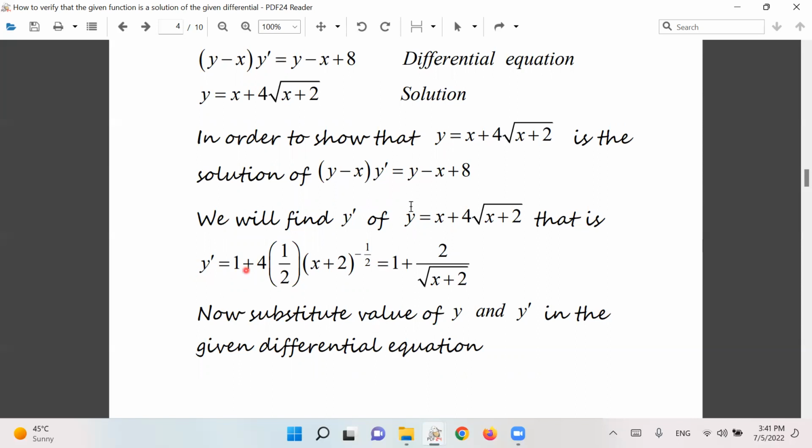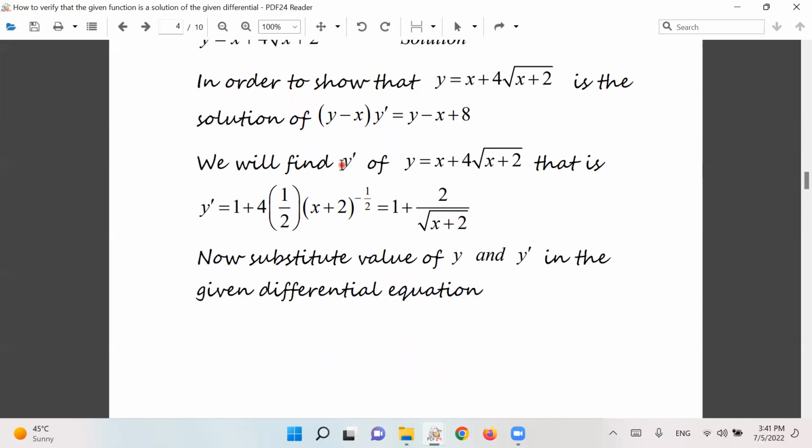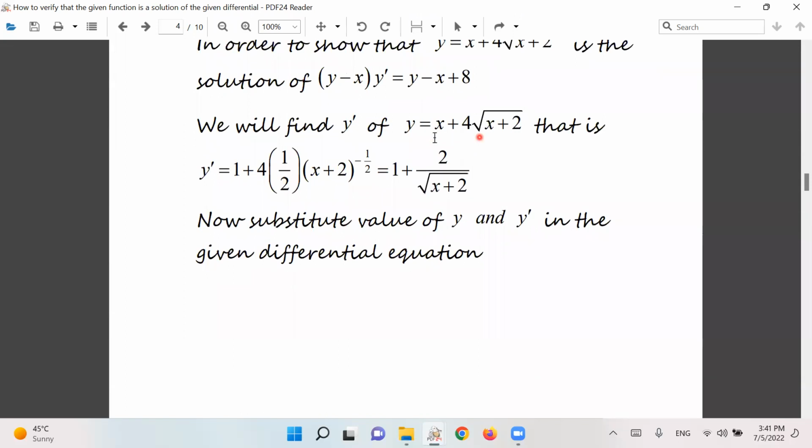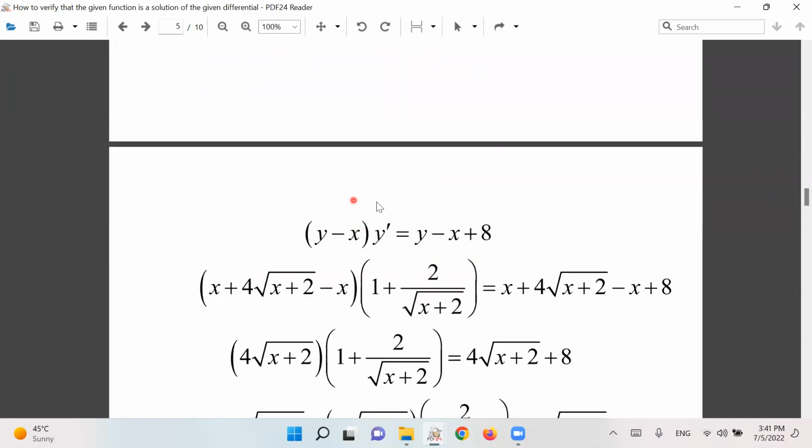Now we are going to substitute the value of y and the value of y dash in the given differential equation. So this is the given differential equation, and we are going to check whether, by substituting the value of y and y dash, we get the left hand side equal to the right hand side.